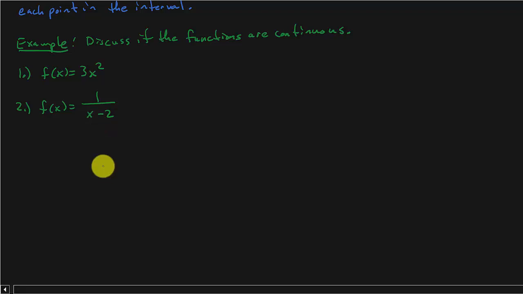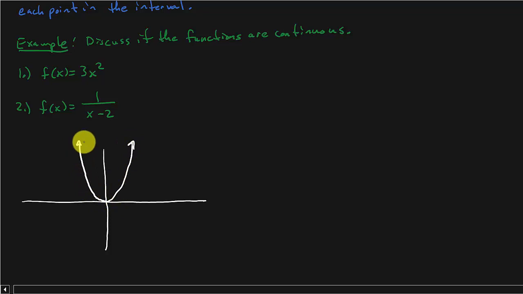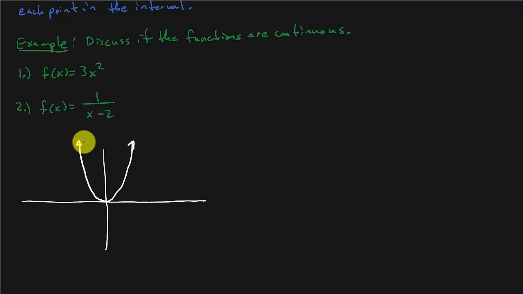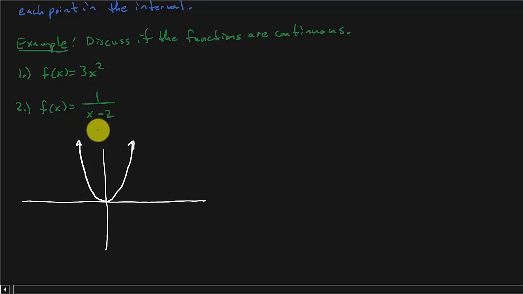So let's just look at the graphs of each one. The graph of the first one, f of x equals 3x squared, is just a parabola, right? There are no holes or jumps or breaks in the graph. So it's continuous. Now let's look at the graph of f of x equals 1 over x minus 2.